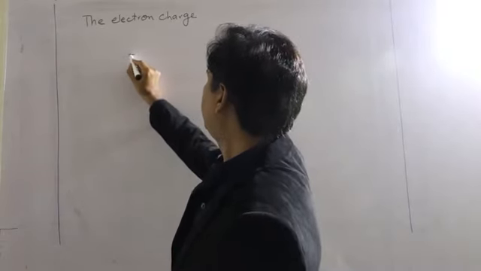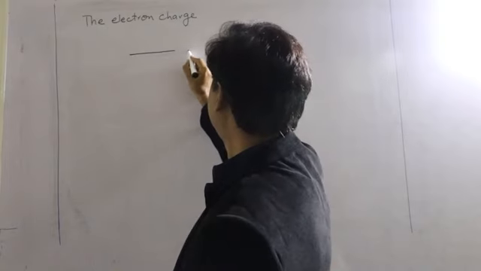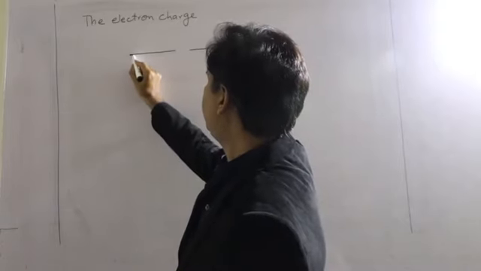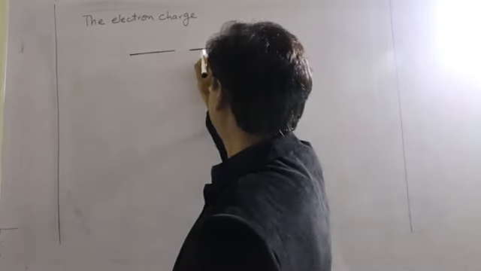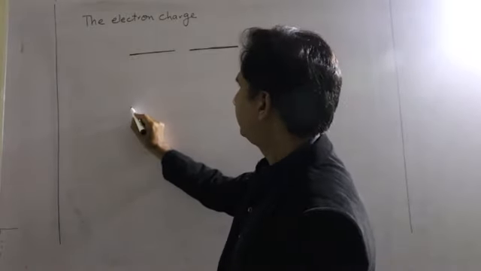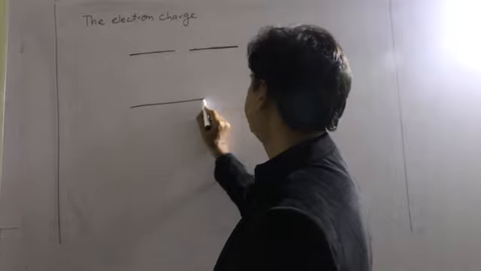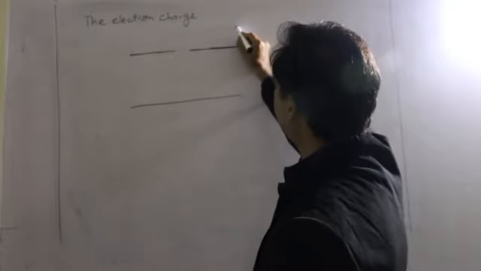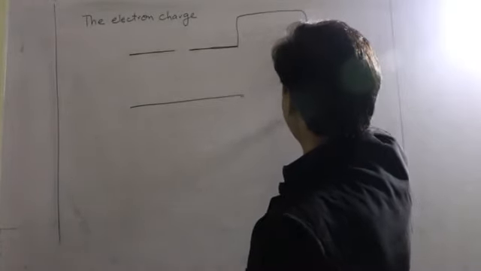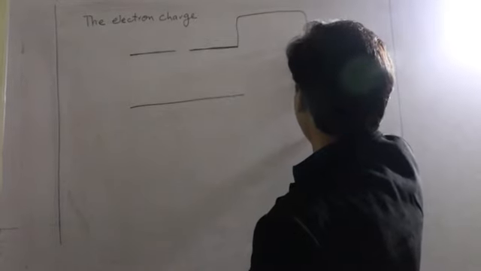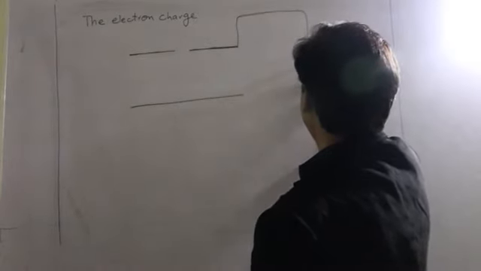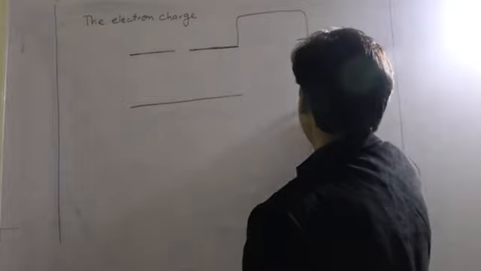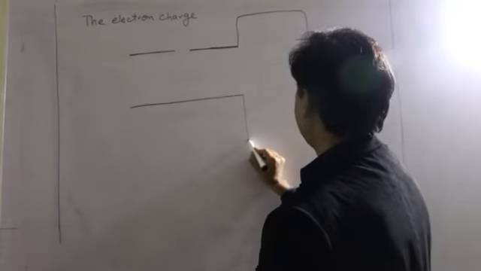Millikan took this apparatus. This is a positively charged plate and this is a negatively charged plate. The positively charged plate was joined with the positive terminal of the power supply and the lower plate was joined with the negative terminal of the power supply.